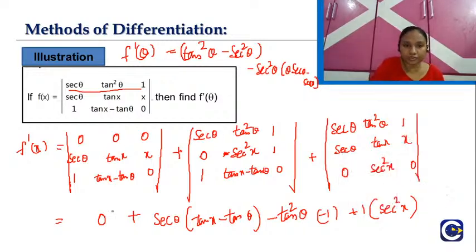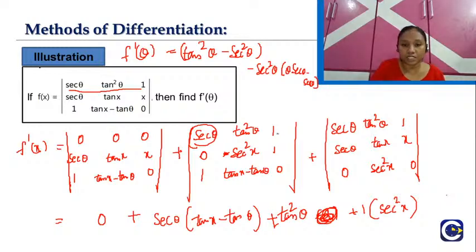So here this determinant will be 0 because 3 terms are 0. For here, secant theta into secant square x, 0 will be 0, and this will be 1 into tan x minus tan theta. So secant theta into tan x minus tan theta, and here minus tan square, it will be 0 minus 1, so you can directly say it as plus 1.